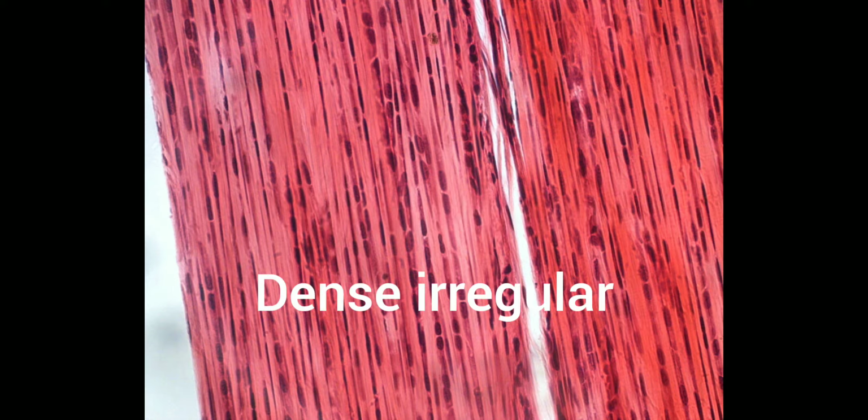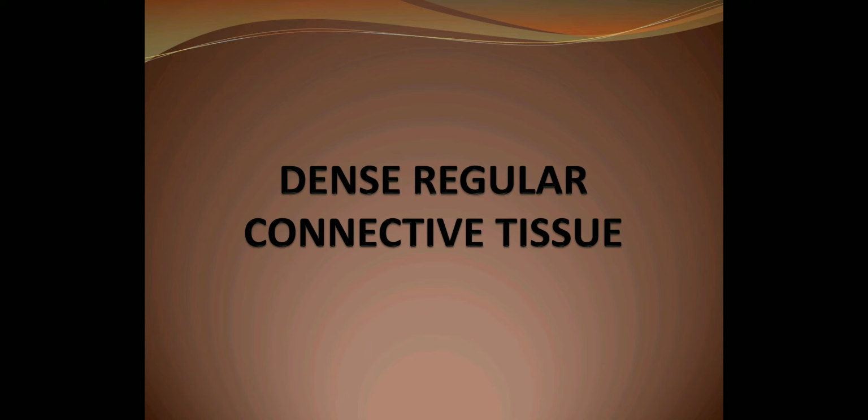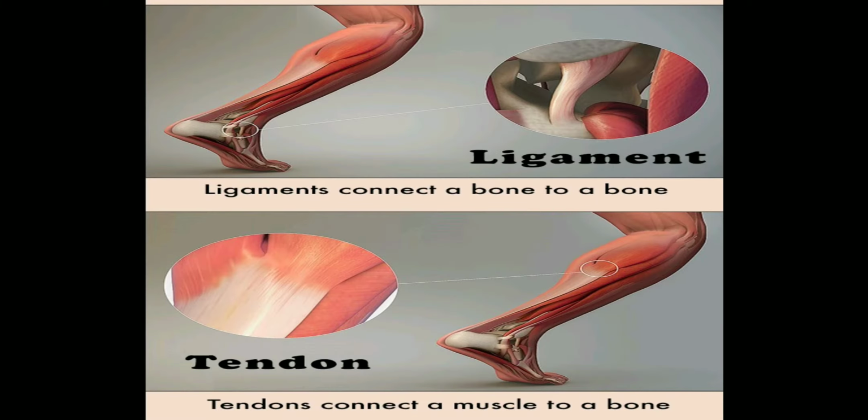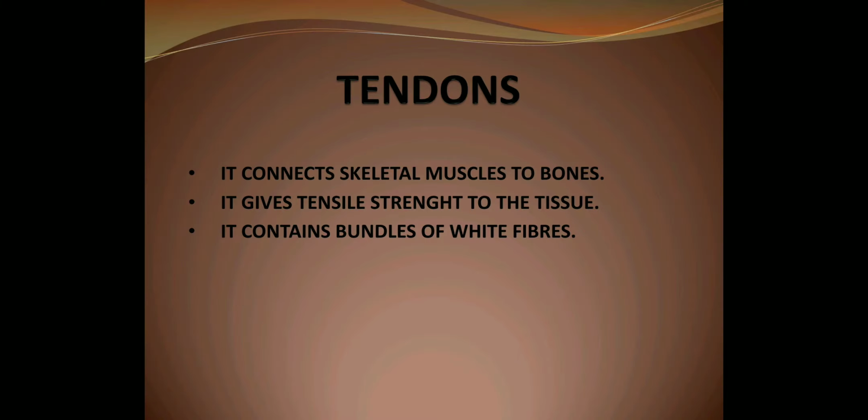Now let's see first the details of dense regular connective tissue. In this, collagen fibers are arranged in a parallel manner, and two major examples for this type of tissue are tendons and ligaments. Now let's see the details of tendons.